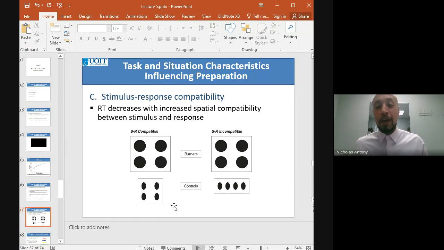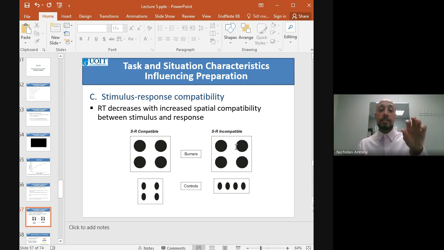How many of you have come home after a long night of partying and wanted to make, I don't know, a craft dinner, and you have to figure out how to use someone else's stove? You have to look at the diagram and try to figure out where the burner is and which one is associated with which. It's always sort of an issue, right? That's an example of stimulus response compatibility.